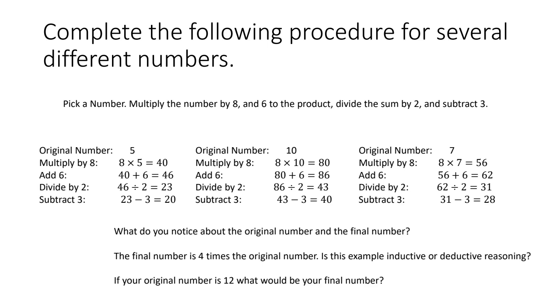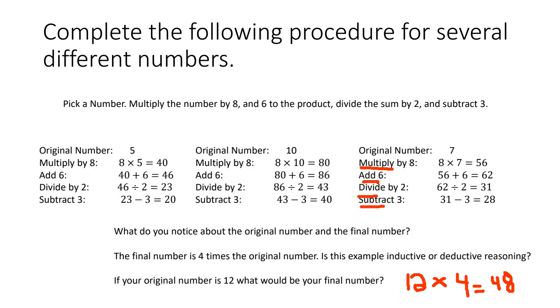So your final number would be 12 times 4. So we would end up with 48. So if you follow all the steps, multiply, add, divide, subtract, then you would end up with 48.